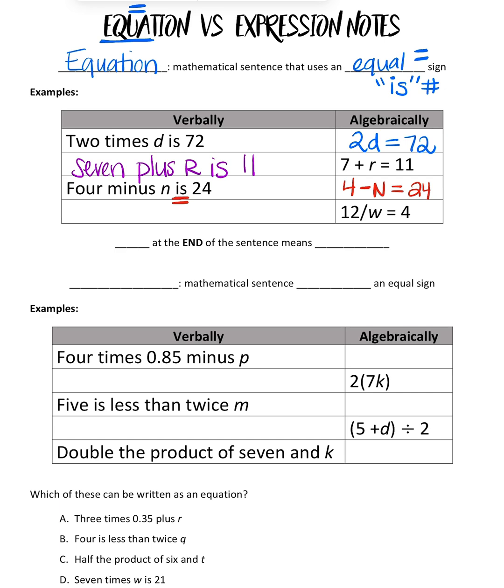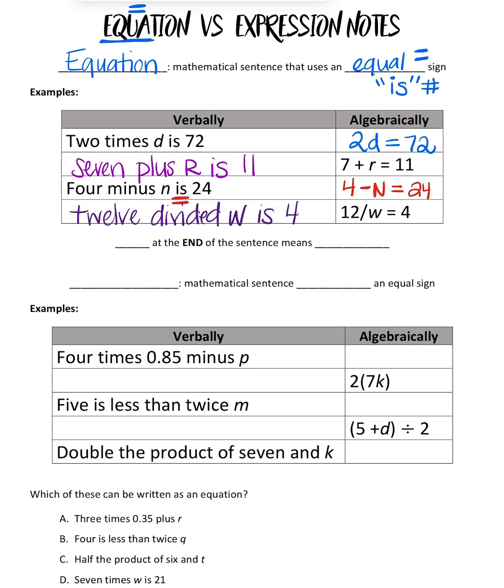Our last example is going to be 12 divided by W equals 4. We know our slash is a division. So I'm going to write 12 divided by W, and again, is 4.